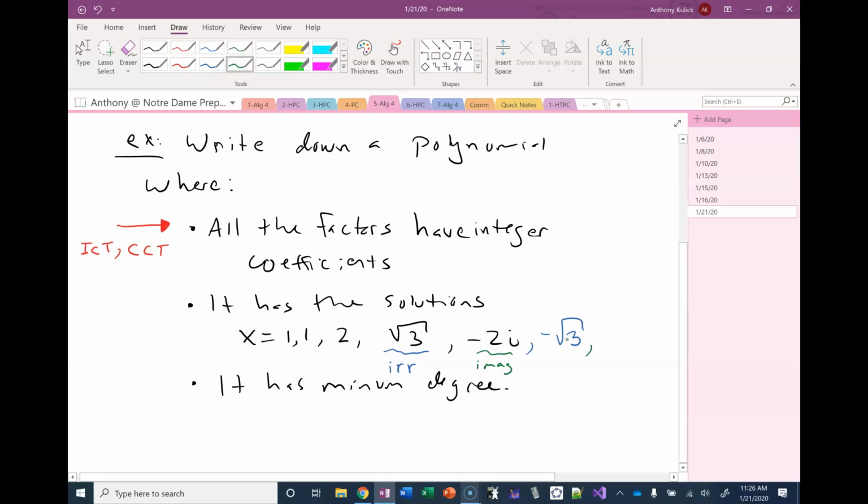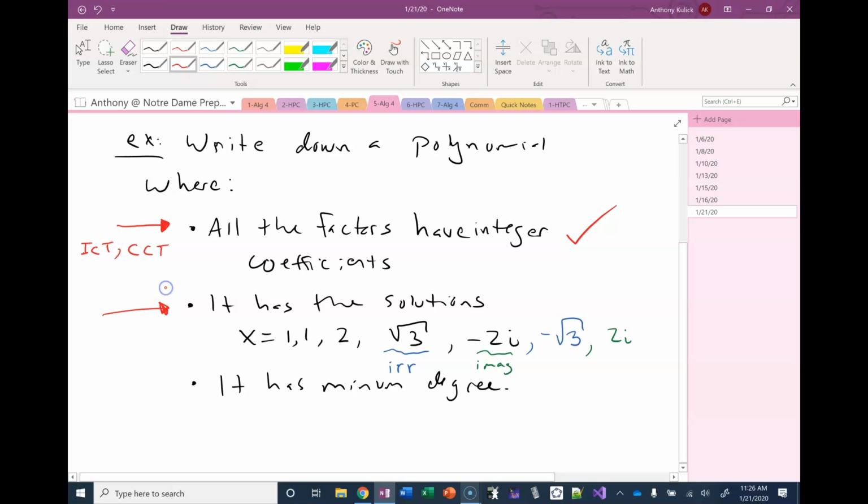So I need to make sure its conjugate has also appeared on the list somewhere. What is the conjugate to 2i? Or I'm sorry, negative 2i? Is positive 2i. Is everybody okay with that idea? So we're done with this thing now. Everybody's okay there? Okay.